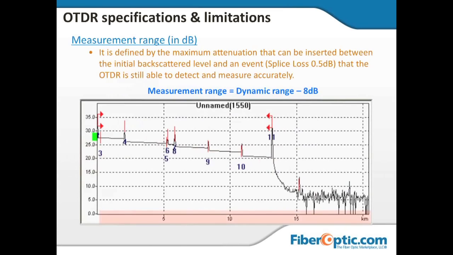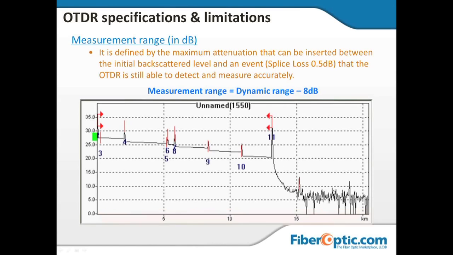All right, measurement range. We talked about this on that very first slide. The measurement range is going to indicate how much we actually look at. We're telling it, in this case, I'm going to look at 20 kilometers. Now, if the trace kept going past there, that would mean that the fiber was longer than 20 kilometers. And this one's set up pretty nicely because it's just about 25% longer than the end of line.